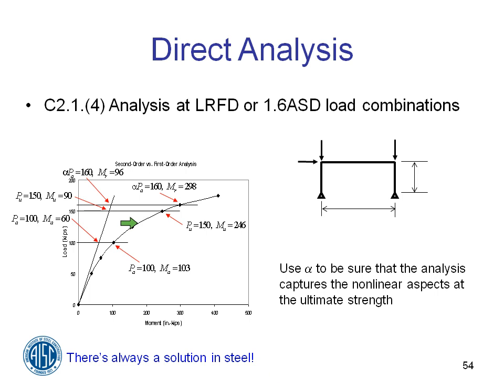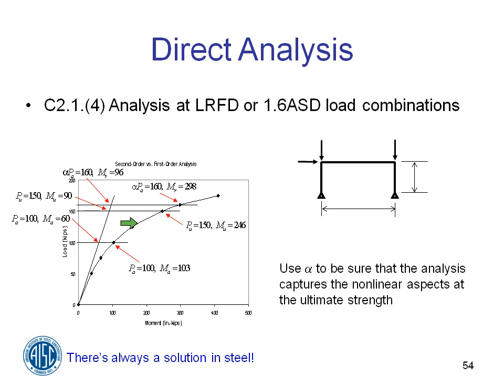Now, if we assume we have a live to dead load ratio of 3, the LRFD load could be 150, and the ASD load would be 100. There's a 1.5 to 1 relationship.